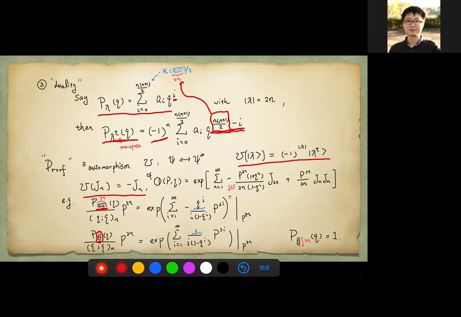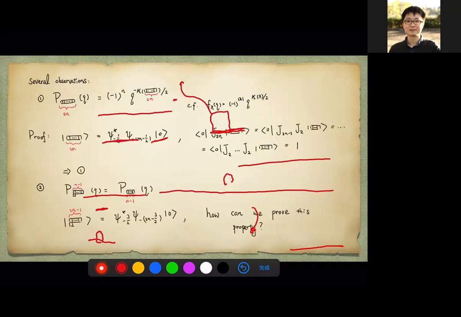So it acts on all the vertex operators in a very simple way, just changing the sign here, and then it's very easy to find the expression of this polynomial from the above calculation, and we can easily prove that this polynomial is always one from this formula.